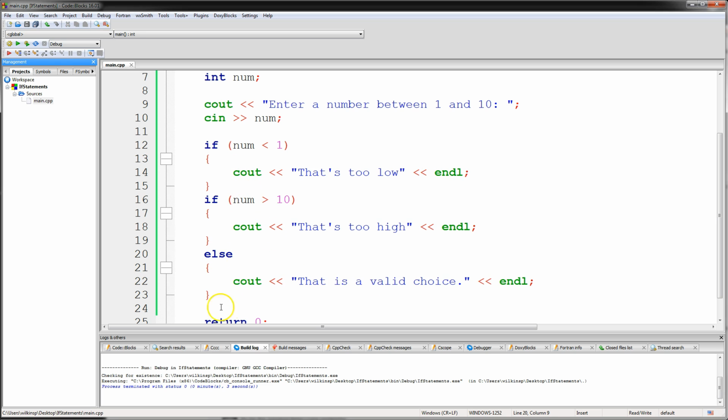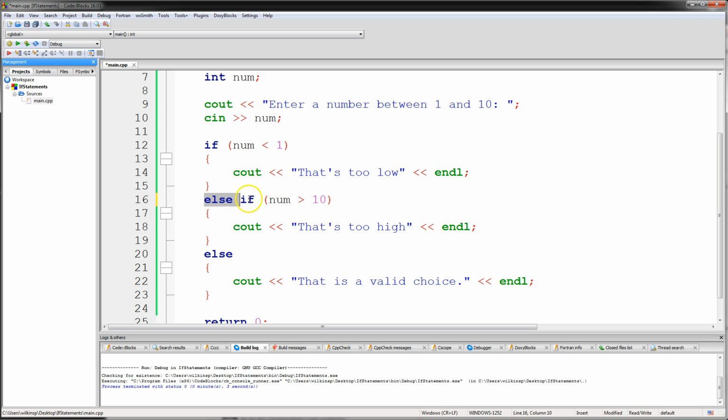Now, we can do situations like this where we've got 3 possible outcomes and we want to do one of 3. And the way that we do that is using what's called an else if construct. So the idea here is that by typing else if here, we have an if statement, and so if this is true, we do this, and then if it's false, then we go into this if statement.